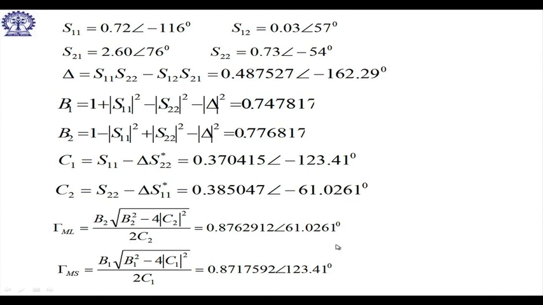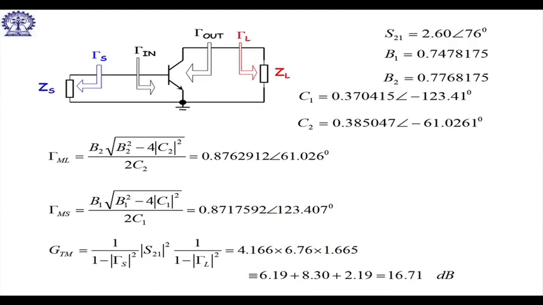So, gamma L will be this, 0.87 angle 61 degrees, and gamma S with subscript m because it is a conjugate match. So, we have got these values and from that we can easily find out what is GTM, that means the maximum possible transducer gain that this device will give.